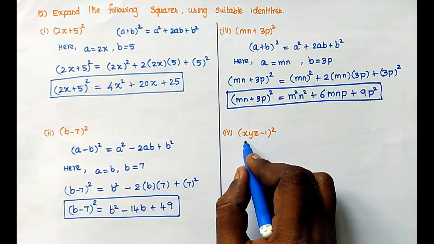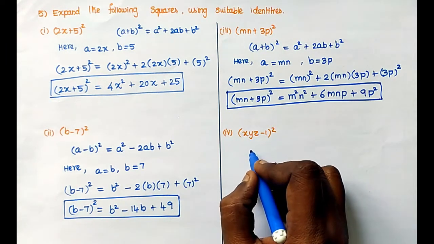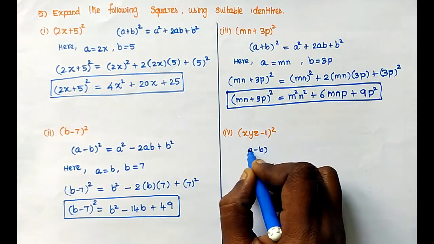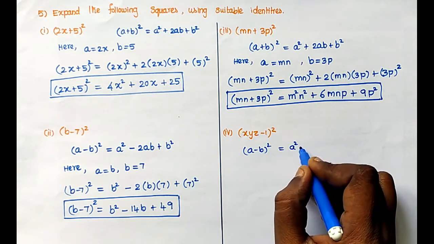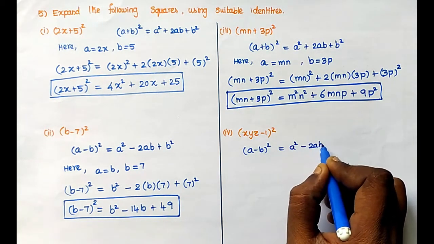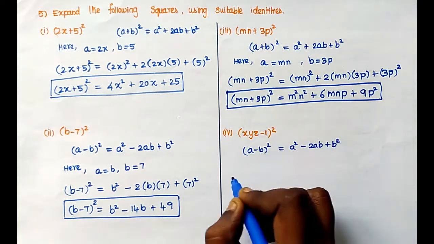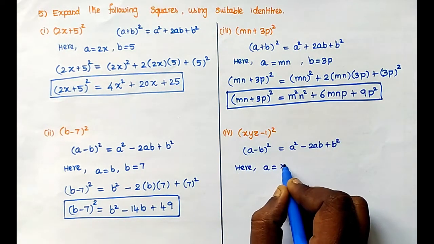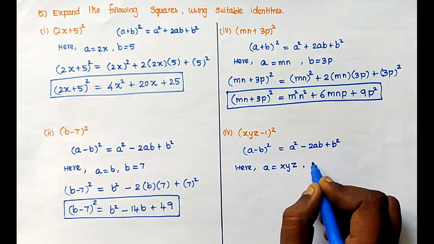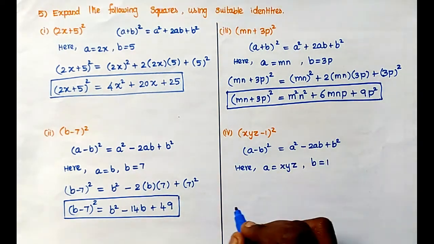Next one, (xyz - 1), that is the (a - b) whole squared formula, that is a squared minus 2ab plus b squared. Here a equal to xyz and b equal to 1.